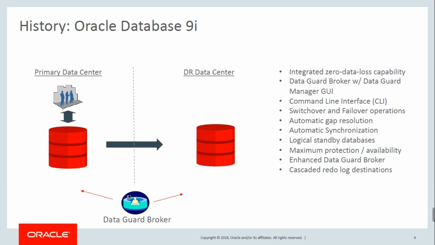New features were introduced, including Oracle Data Guard Broker, in Oracle 9i itself. It has a lot of new features like integrated zero data loss capability, Data Guard Broker with Data Guard Manager GUI, command line interface CLI, switchover and failover operations, automatic gap resolution, automatic synchronization, logical standby databases, maximum protection availability, enhanced Data Guard Broker, and cascaded redo log destinations. So the Data Guard Broker started with Oracle Database 9i.